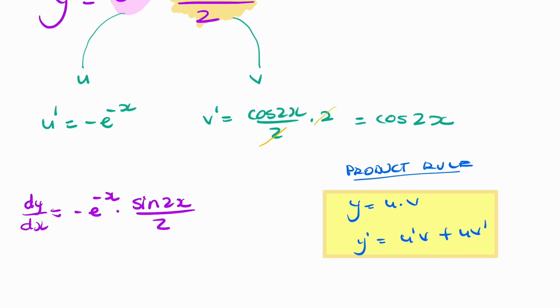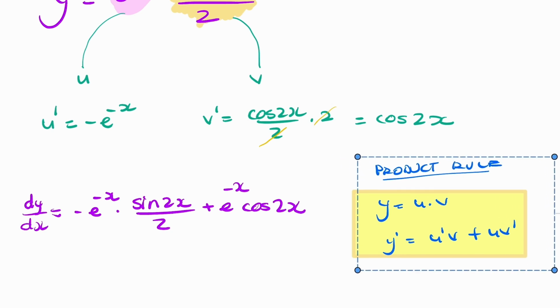So that's this times that. So it's plus e to the minus x cosine 2x. And there's no need to simplify really, so that's our final answer.